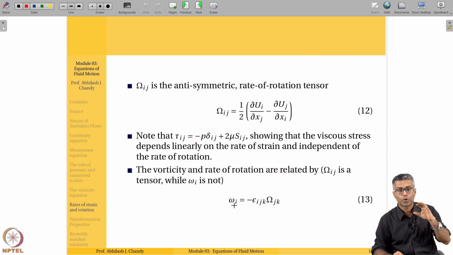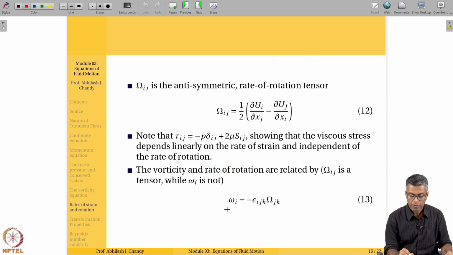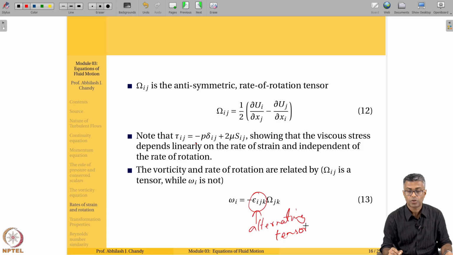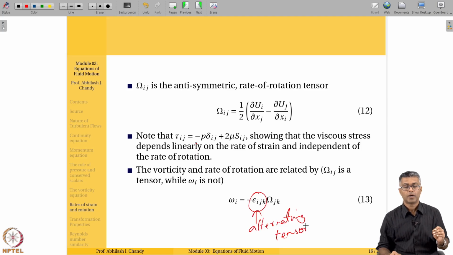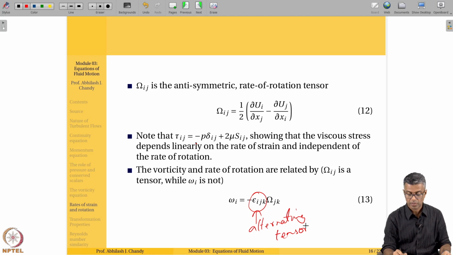Now, the rotation tensor is very much related to the vorticity in this form. The vorticity is given by epsilon ijk multiplied by omega jk, where epsilon is the alternating tensor and omega jk is the rotation tensor.